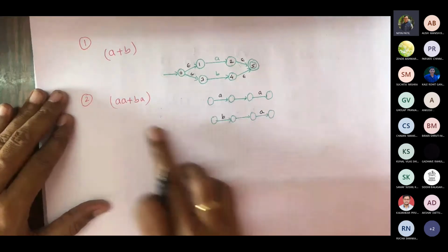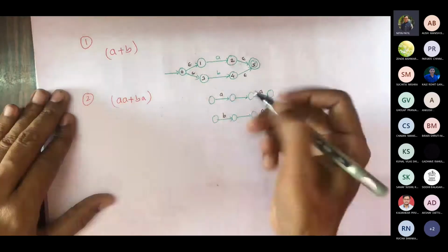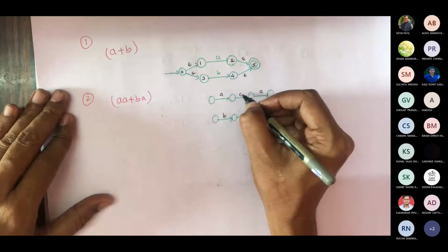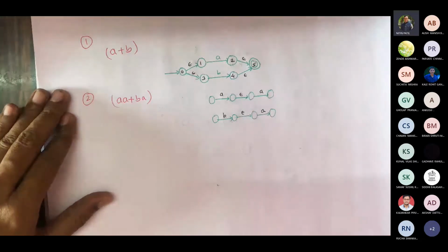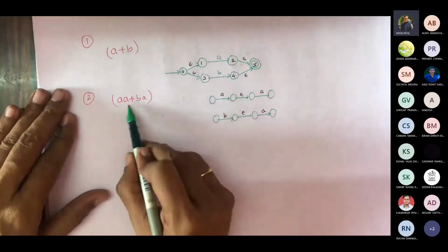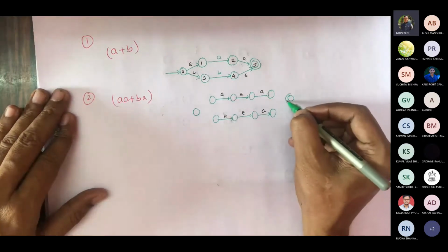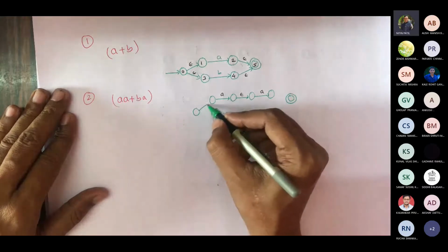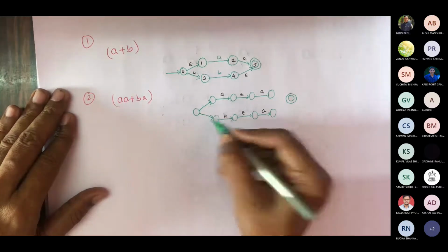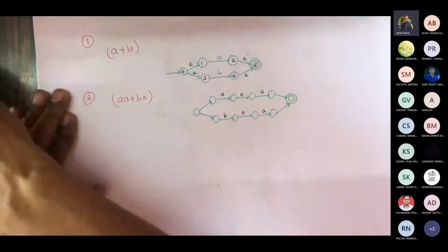Now we have both of them concatenated with epsilon, so that's why epsilon comes into the picture. Now we have plus, with initial and final, and 4 transitions, 1, 2, 3, 4.